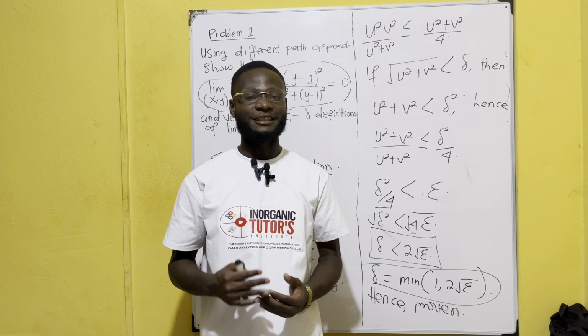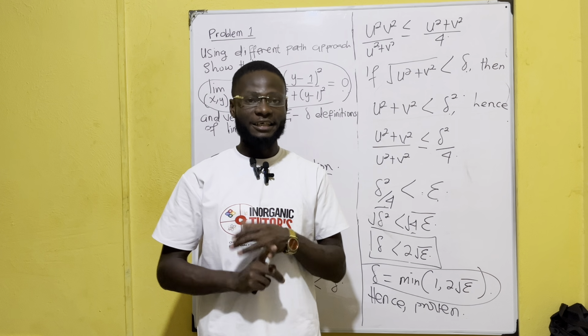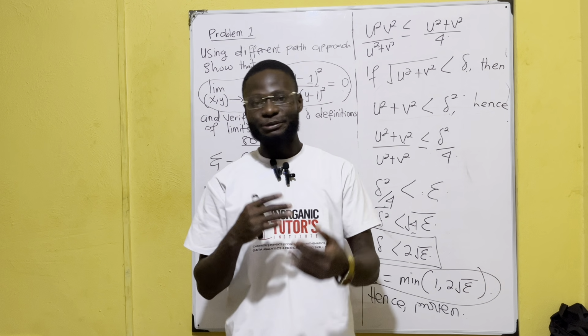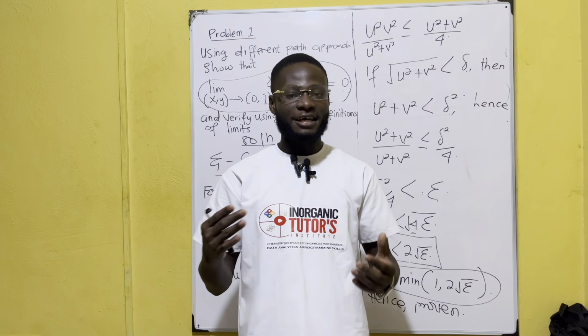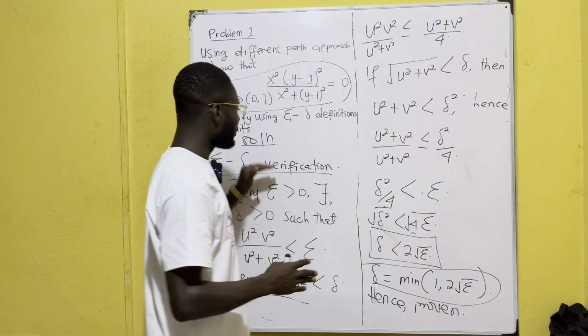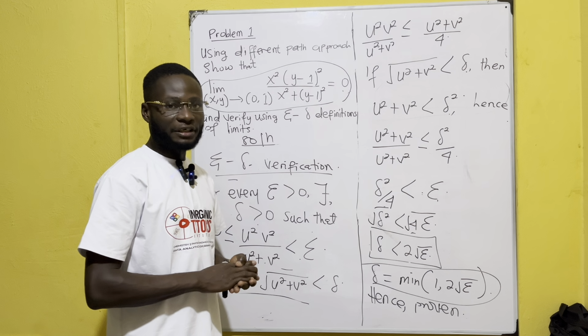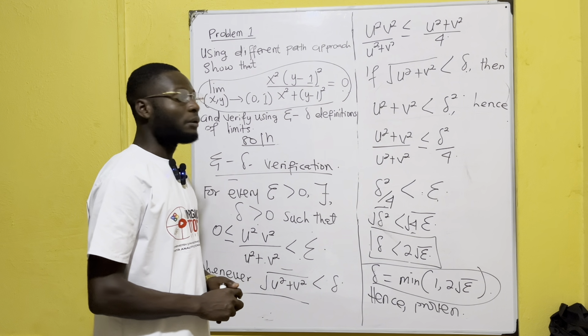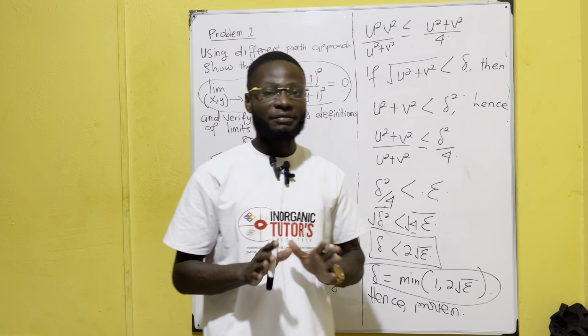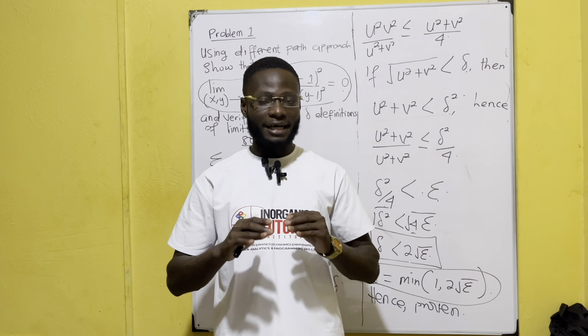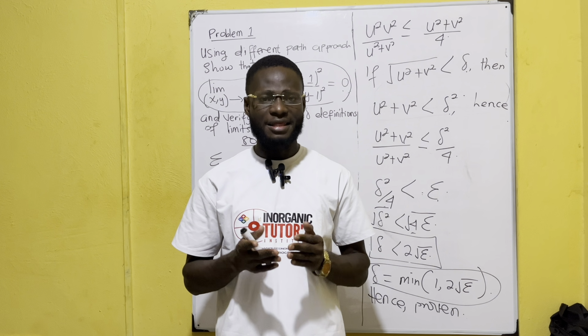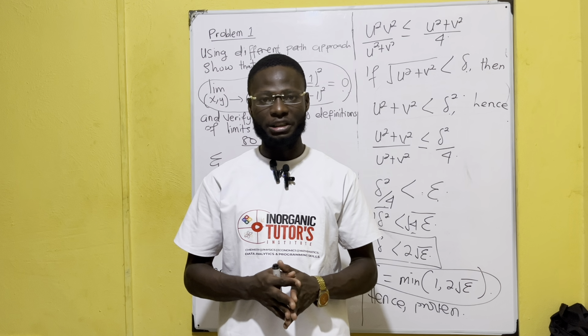Just make sure that you go through from the different part approach, come to the identity, try to understand the identity, then you come to the epsilon delta definition verification. When you have a problem that is a direct substitution problem, then it becomes easy for you to penetrate.